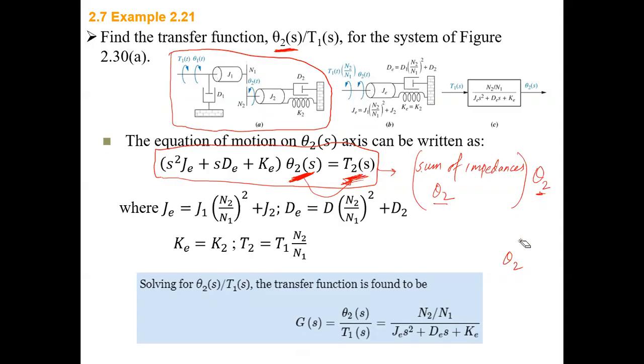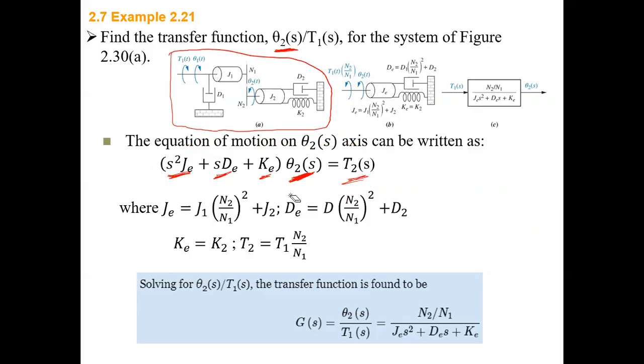So then the sum of impedances. There are three kinds of impedances. One comes from inertia, the other one damping, the other one is spring, right? So that's what it is. Now using this, I have to find theta 2 over T1. So we have to work in terms of theta 2, meaning you have to translate everything towards the right.